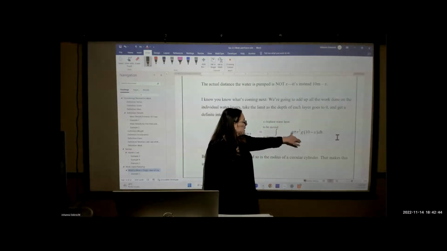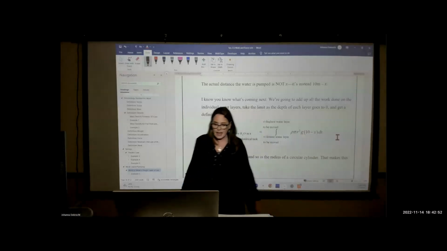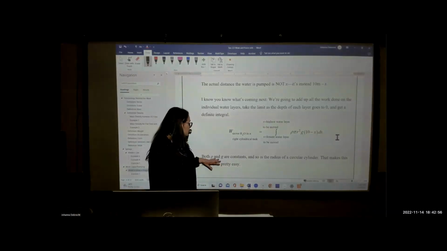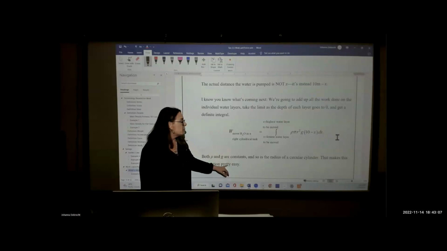And then the rest of it becomes rho times pi r squared times g times 10 minus x dx as we take the limit and go to infinity. Now, in this case, because we're talking about water, we know the density is a constant. It's 1,000 kilograms per meter cubed. We know gravity is a constant. It's 9.8 meters per second squared. And pi, of course, is a constant.